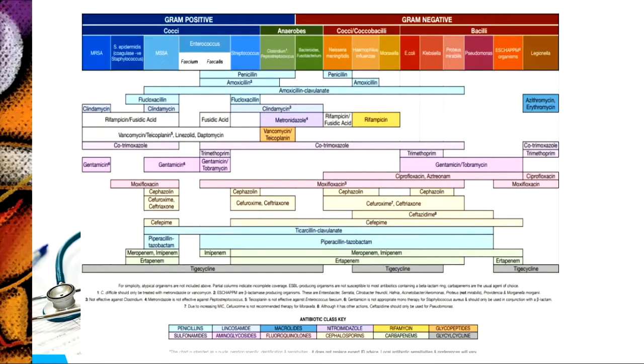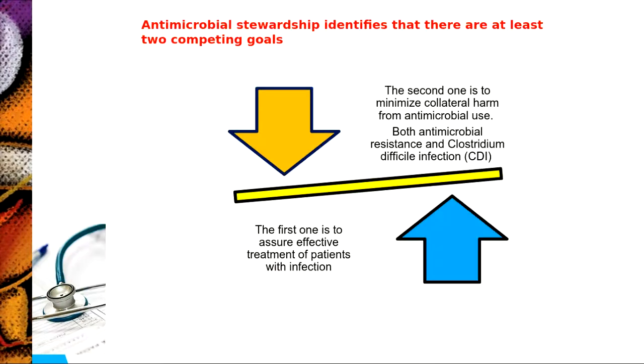But this is prediction. The truth will be informed by the culture. So maybe after the culture you will get it. It will tell you that the bacteria is already resistant to the antibiotic. So when the prescriber orders an antibiotic, he should balance between two things.